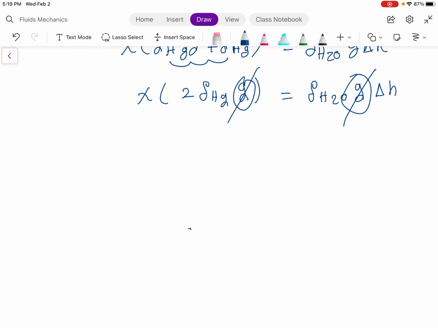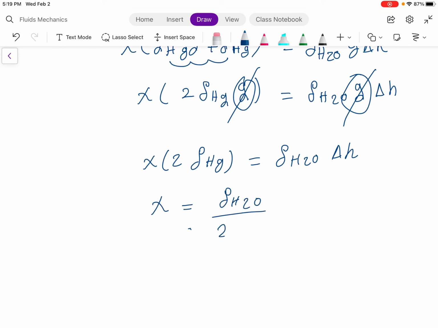And then we get the X, this is equal for sure, as we see, delta H, and then solve for X. This is rho H2O over 2 rho G delta H.